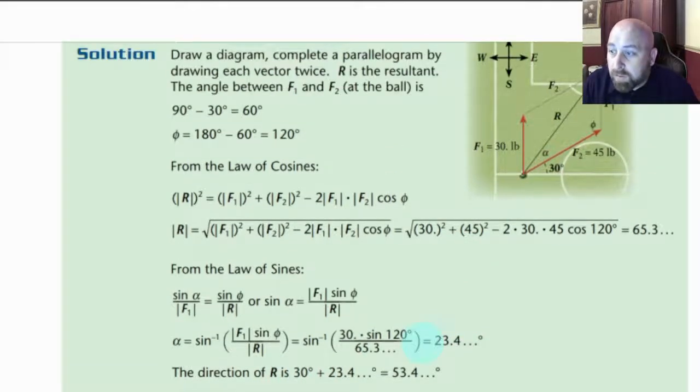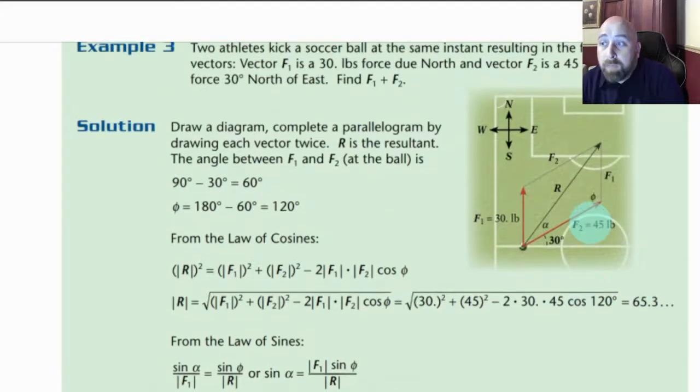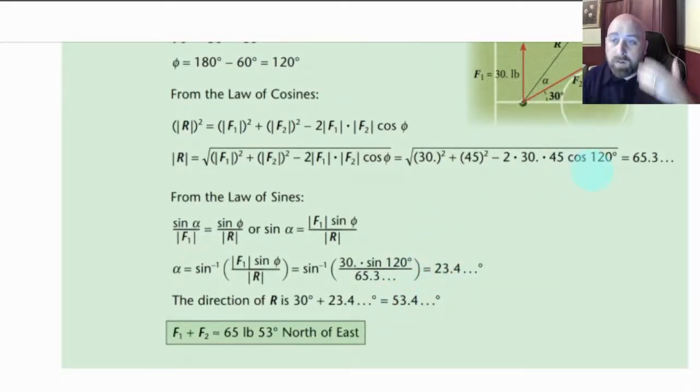So in other words, that is the direction of the resultant relative to the 30 degree. Okay, so that's the first one, plus the 23.4 degree. And so our direction of our resultant is going to be 53.4 with 65.3 pounds of force. Okay, and this is going to be our answer. So we have two answers.